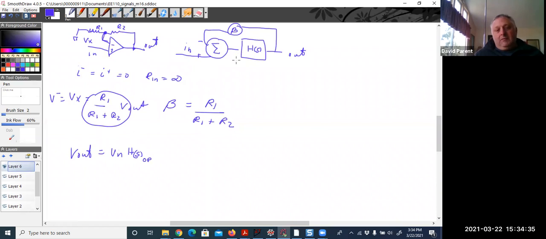And I'm just going to write op for op amp, because there's a transfer function of the whole system that we want, right? Then we have Vout times beta. Oh, it's subtracted.